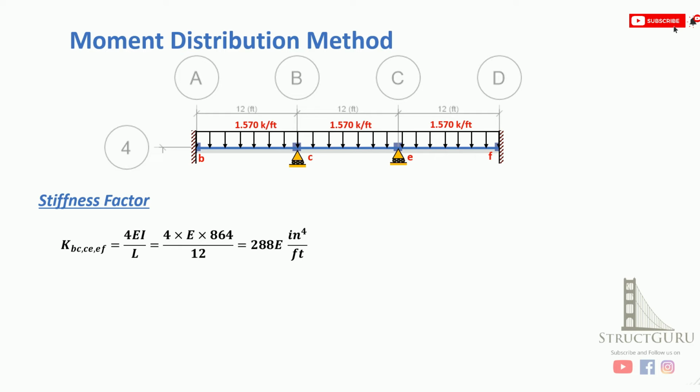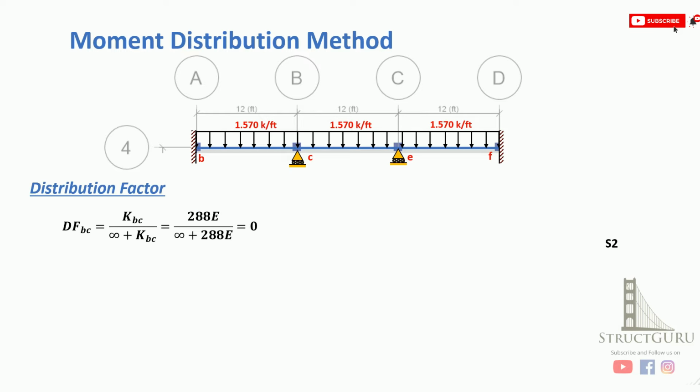After computing the stiffness factor, we need to compute the distribution factor. So the distribution factor for BC means KBC, the stiffness of that member, divided by the total stiffness. Now as you can see, at joint B, only one member is acting, that is BC. So for KBC, infinity is added due to this fixed support, because theoretically, stiffness is the amount of force required to rotate a joint by 1 radian.